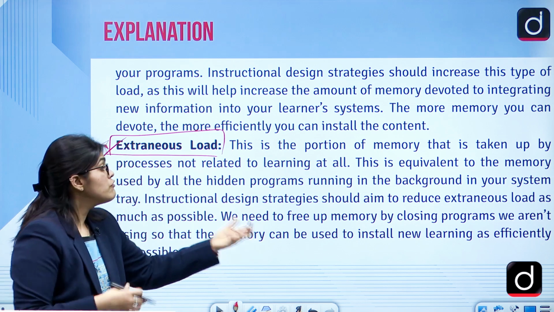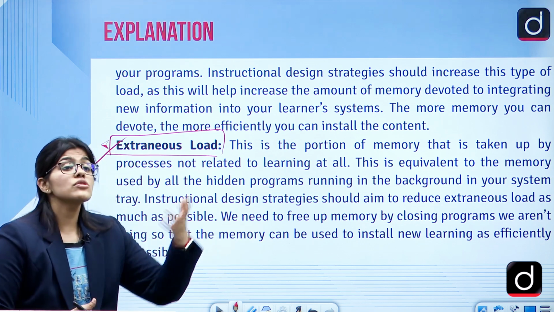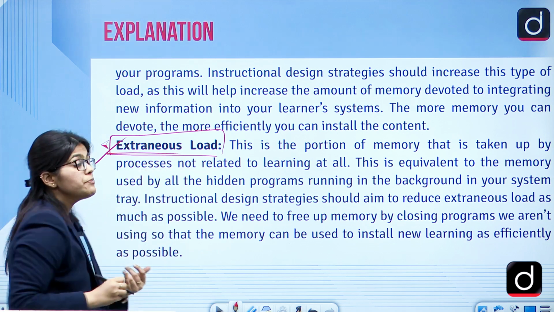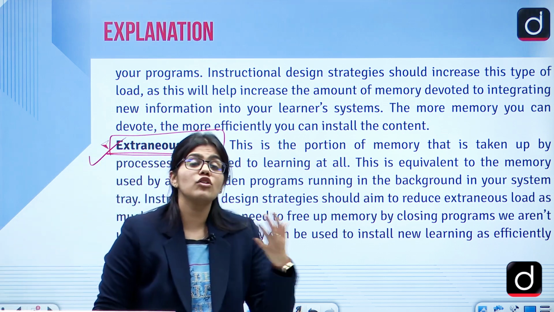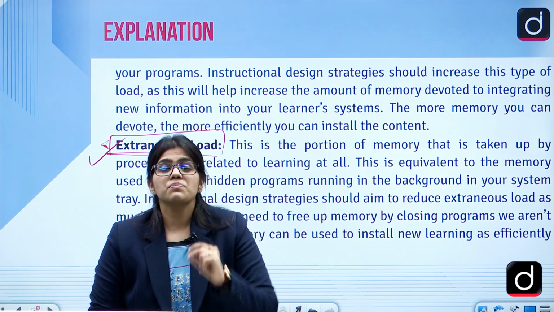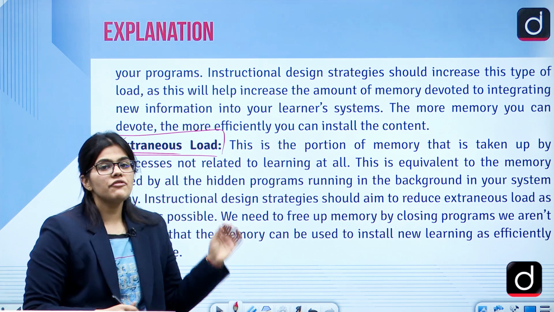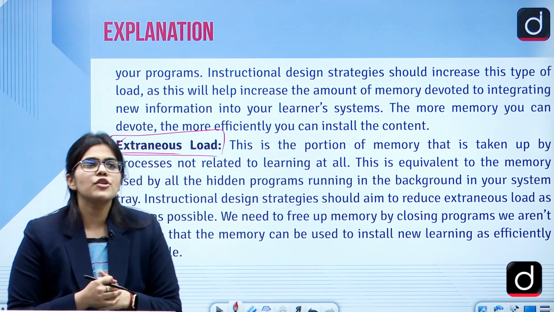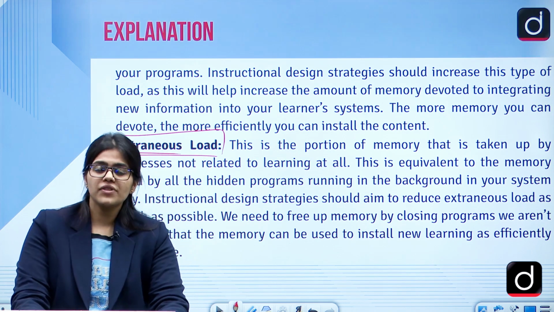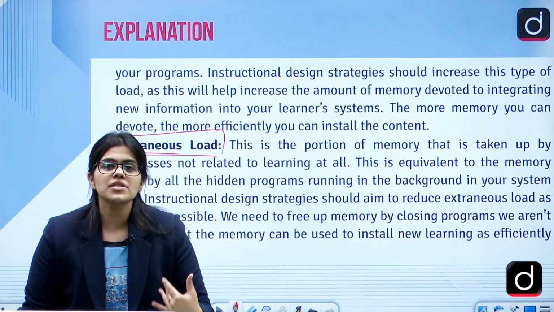We need to free up the memory that is already stored in the computer to store the new things. That is what we are actually discussing here. If you are already having a lot of memory, you have to delete some previous memory to make a space for the new memory. So now I am telling you about the different load theories, or say I am telling you about the domains of knowledge. And then you already understood a lot of things previously, but now you thought that this is something you have to register in your mind.